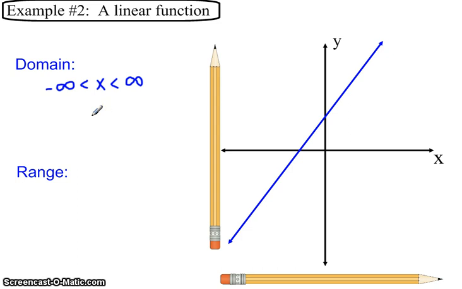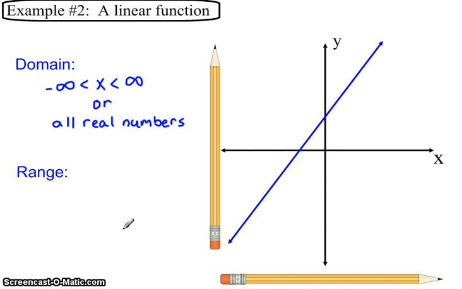But there's even an easier way to say it. We could just say that means all real numbers. So that's an easier way to say it. So you could say negative infinity to positive infinity for x, or it's just all real numbers.